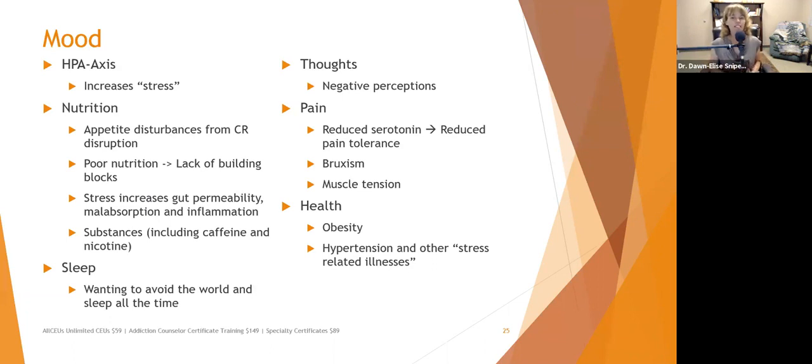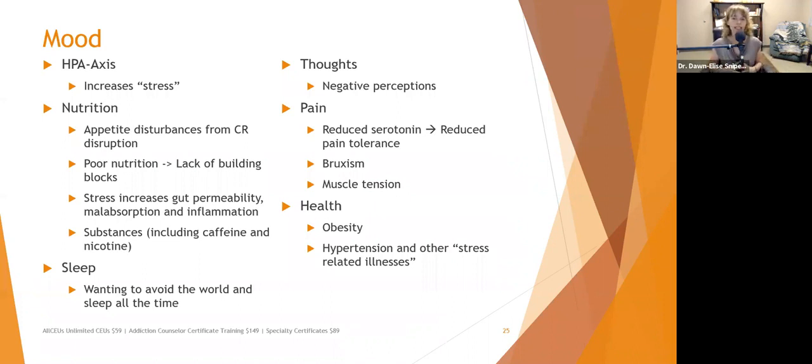Stress increases gut permeability, which increases inflammation throughout the body, which has been associated time and time again with depressive symptoms. And poor mood is also associated with overuse of substances to feel better, whether that's to increase energy with caffeine or to reduce dysphoria with alcohol.